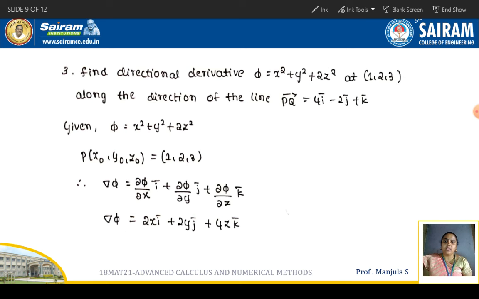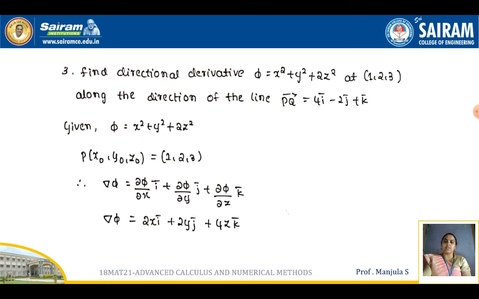Now we should write the definition of the gradient of phi. The gradient of phi can be written as dou phi by dou x into i cap plus dou phi by dou y into j cap plus dou phi by dou z into k cap. So del phi equals 2x into i cap plus 2y into j cap plus 4z into k cap.